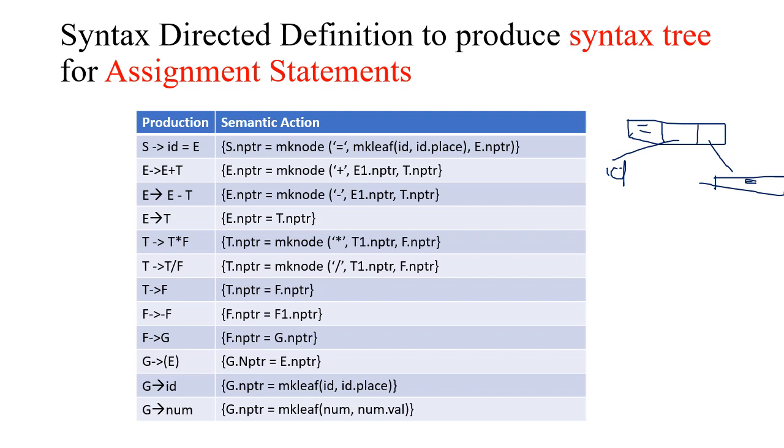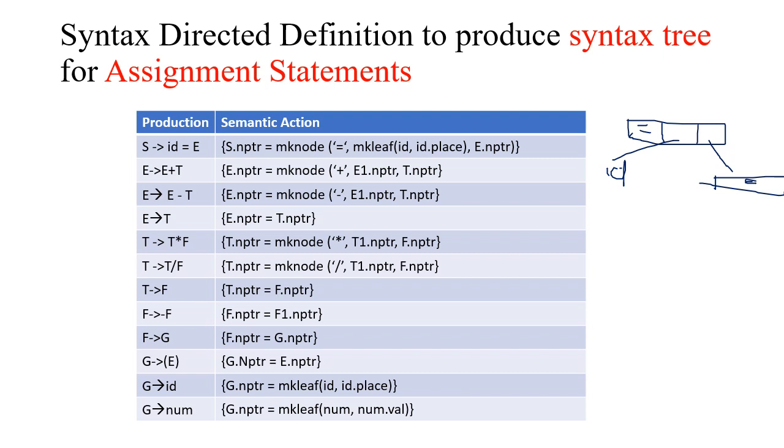That is S.nptr, this pointer holds the address of this node having equal to as the operator, makeLeaf ID as first operand and E.nptr as second operand. E gives E plus T. We have to create a node plus pointing to the first operand E pointer and second operand T pointer.